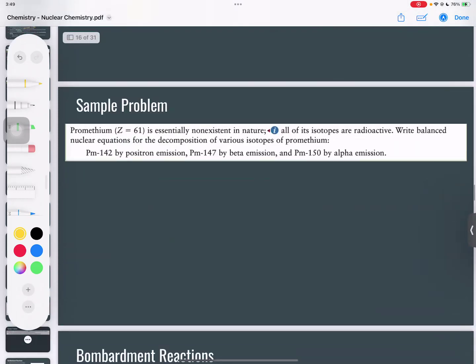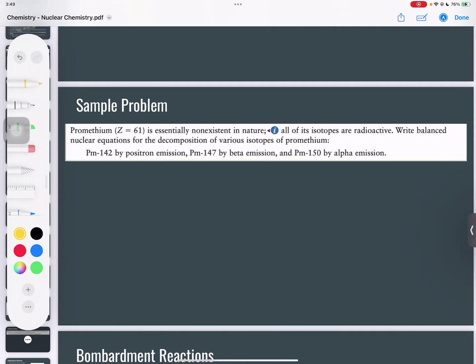Then, let's have an example for promethium with an atomic number of 61. Promethium is essentially non-existent in nature because it is one of the rarest of the rare earth elements in the periodic table. All of its isotopes are radioactive.